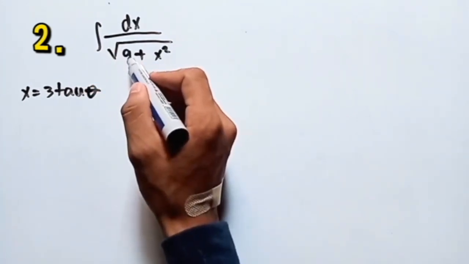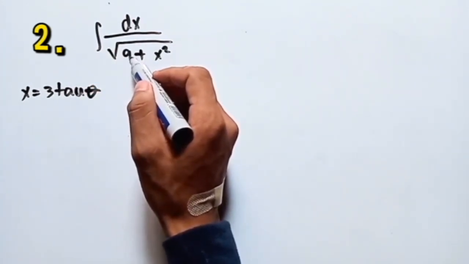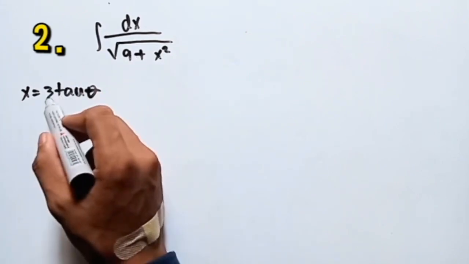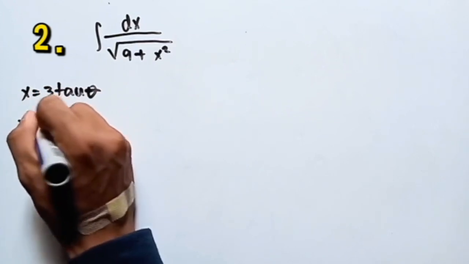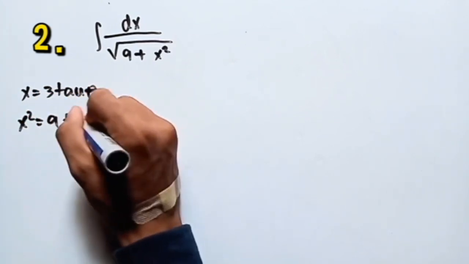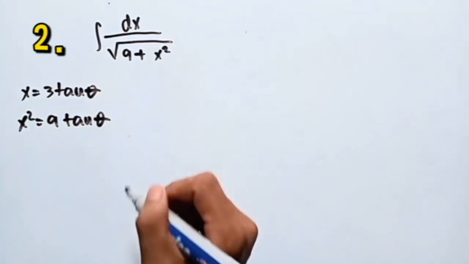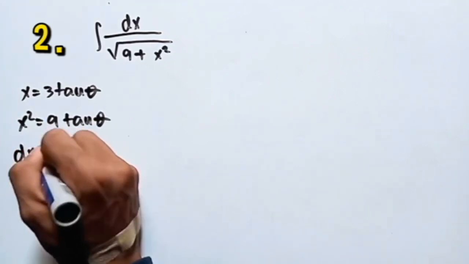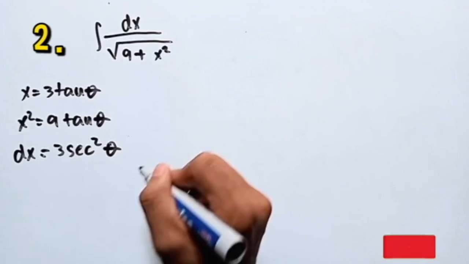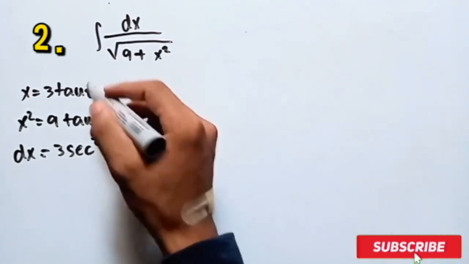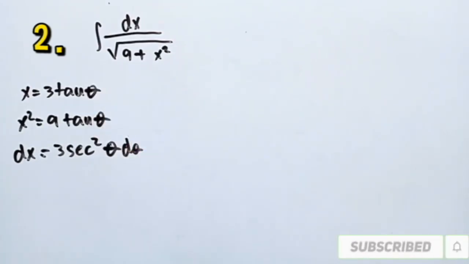Since a squared is equal to 9, so a is the square root of 9, which is 3. So a tan theta. So x squared is equal to 9 tan squared theta. And dx is equal to 3 secant squared theta d theta. The derivative of tan theta is secant squared theta.